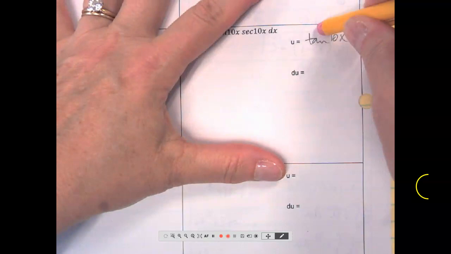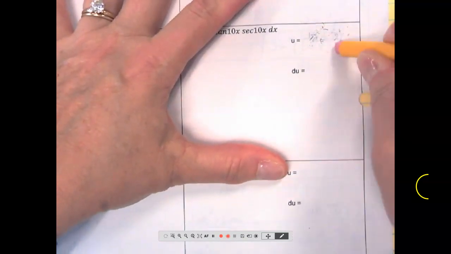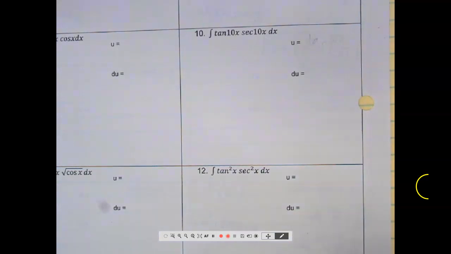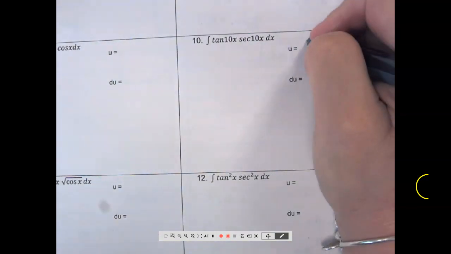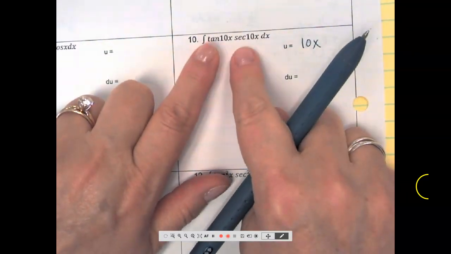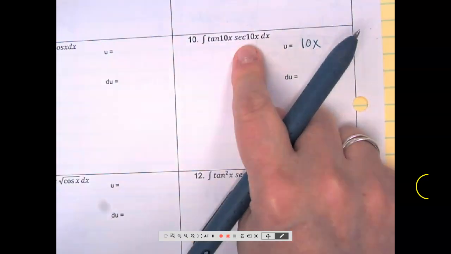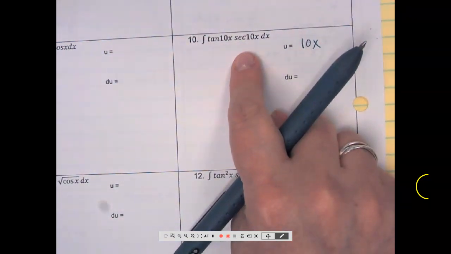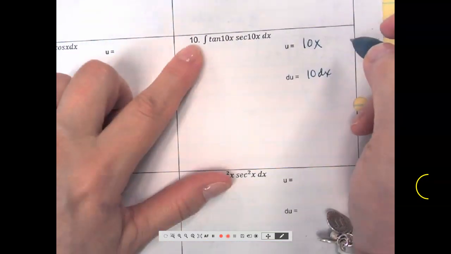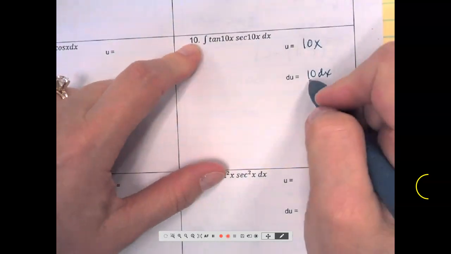Tangent, secant, secant, tangent, we can write it either way. So what are you telling me? 10x. Because, like he said, tangent, secant, secant, tangent is a derivative of something. Of secant. So du is just 10 dx. I don't have a coefficient of 10.